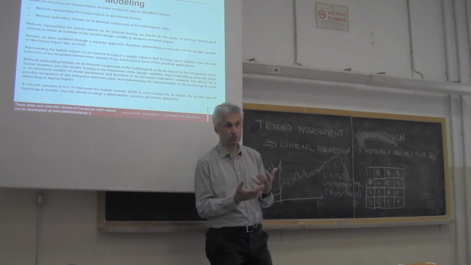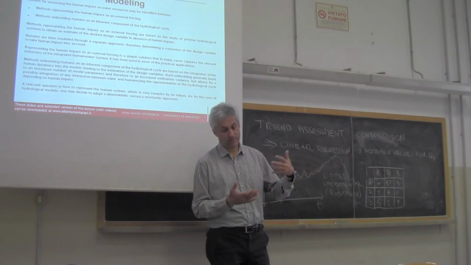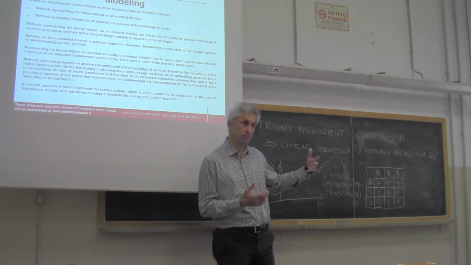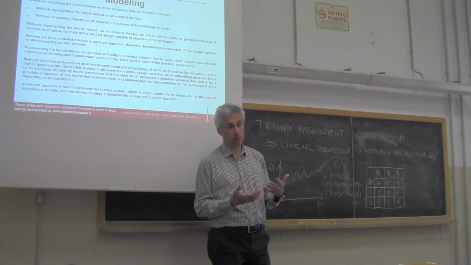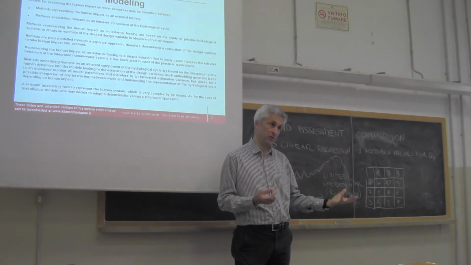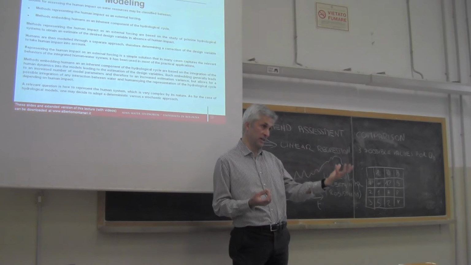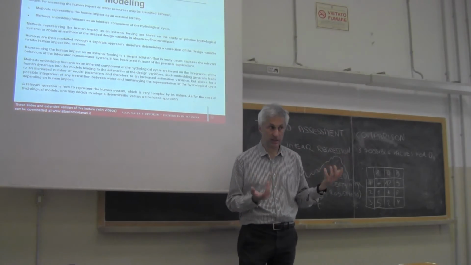What is the downside? The negative part is that the model becomes more complicated, because you have to include, in my example, a model of the effect of increased evaporation on rainfall. It becomes more complicated.